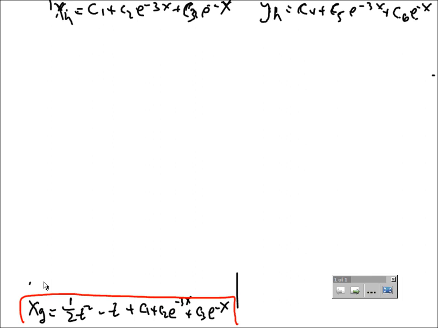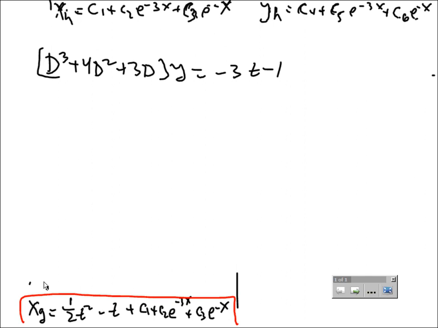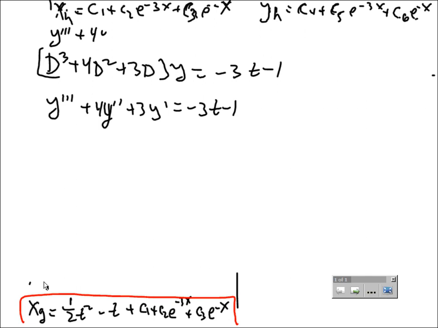Okay, that equation was d cubed plus 4d squared plus 3d on y is equal to negative 3t minus 1. That is y triple prime plus 4 y double prime plus 3y prime is negative 3t minus 1. Let me write that a little higher to save a lot of space.